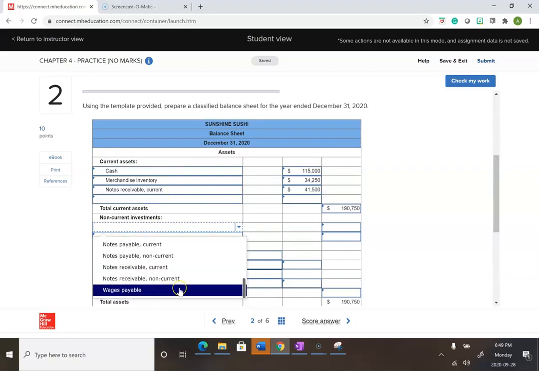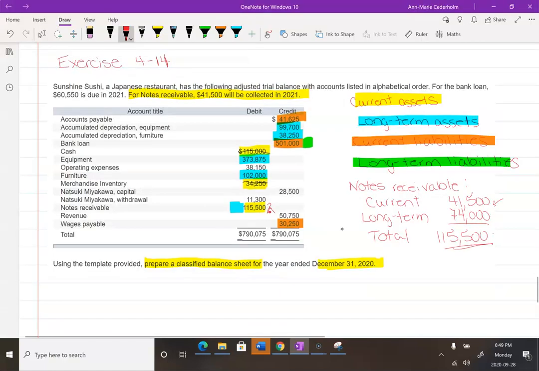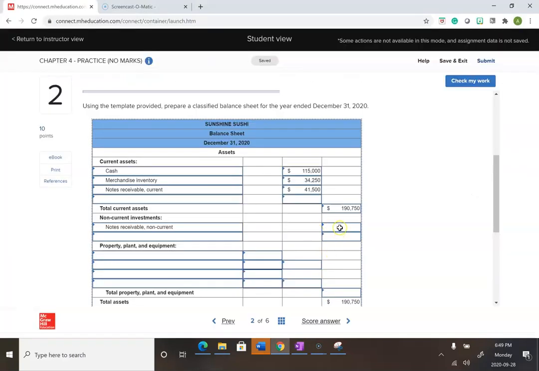So let me just find that here. So notes receivable non-current, and I'll just go back here. And we said it was going to be 74,000. So I'll put that in, and then I can cross the 115,500 off. So 74,000.